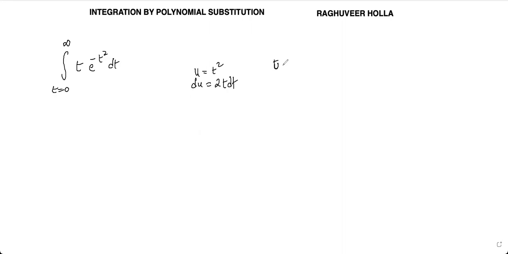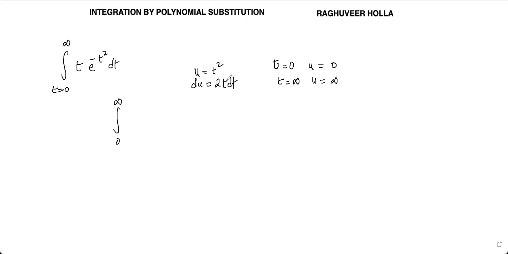When t is equal to 0, u will be 0. Okay, when t is infinity, u also will be infinity. So let us substitute it, 0 to infinity.